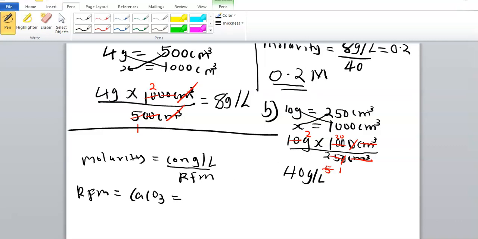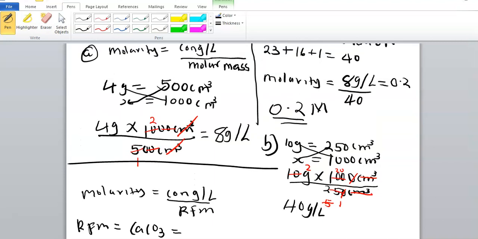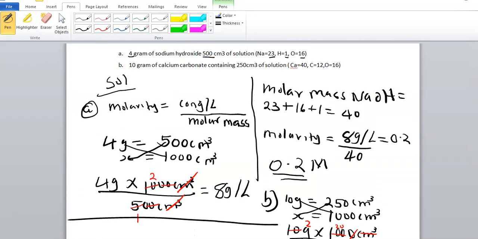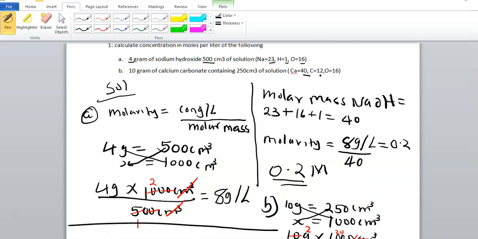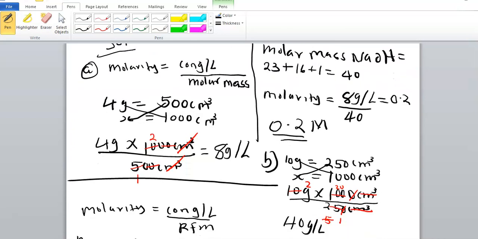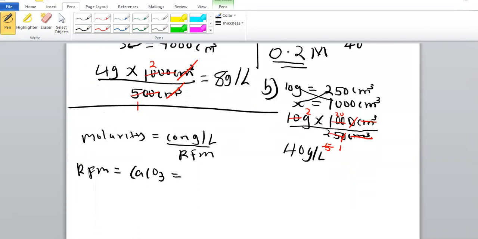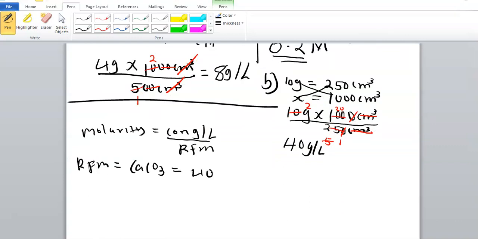What do we have as the value of calcium? We can go up and check it in the bracket. In the bracket, calcium is 40, carbon is 12, oxygen is 16. So let us do it. Calcium 40 plus carbon 12 plus oxygen 16 times 3. 16 times 3 is 48.